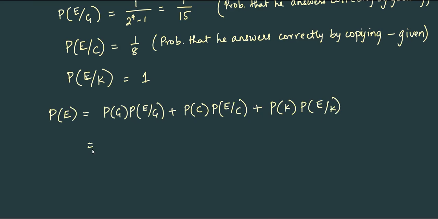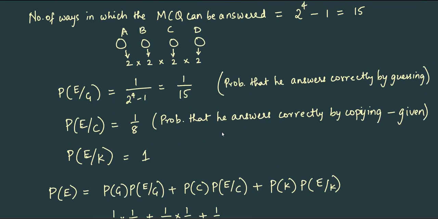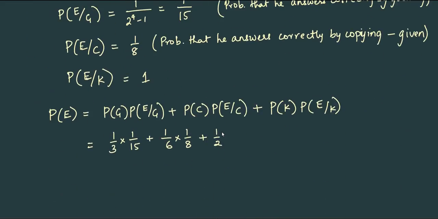So this is 1/3 times 1/15 plus 1/6 times 1/8, given, plus the probability of knowing, which we calculated to be half, and he answers it correctly is 1.